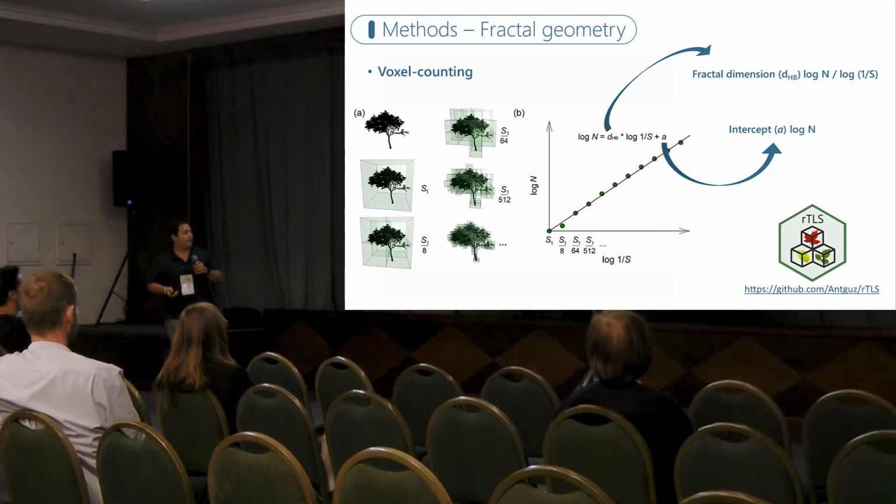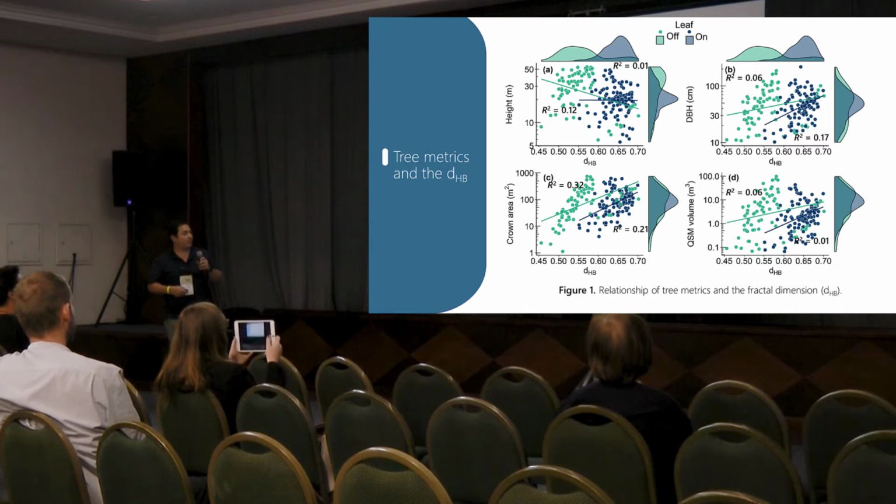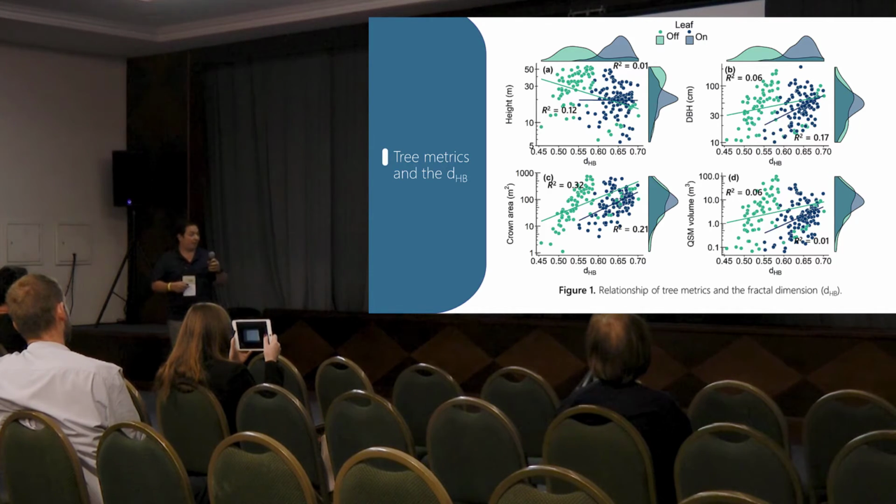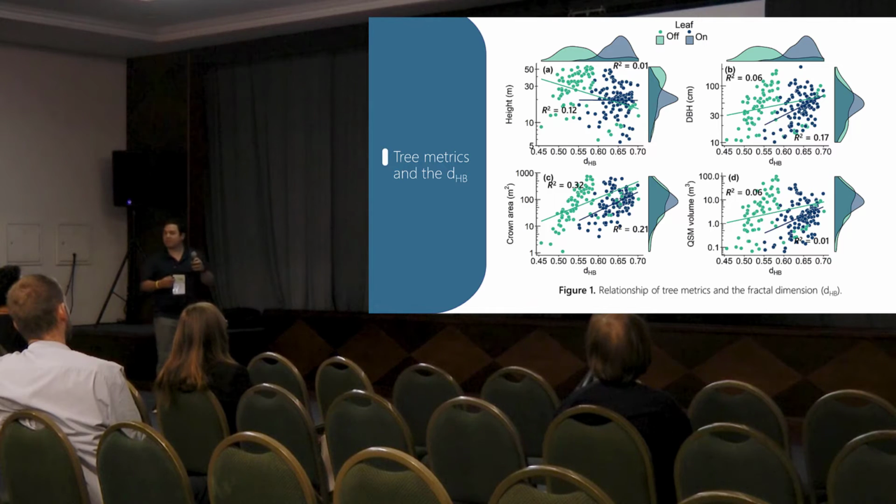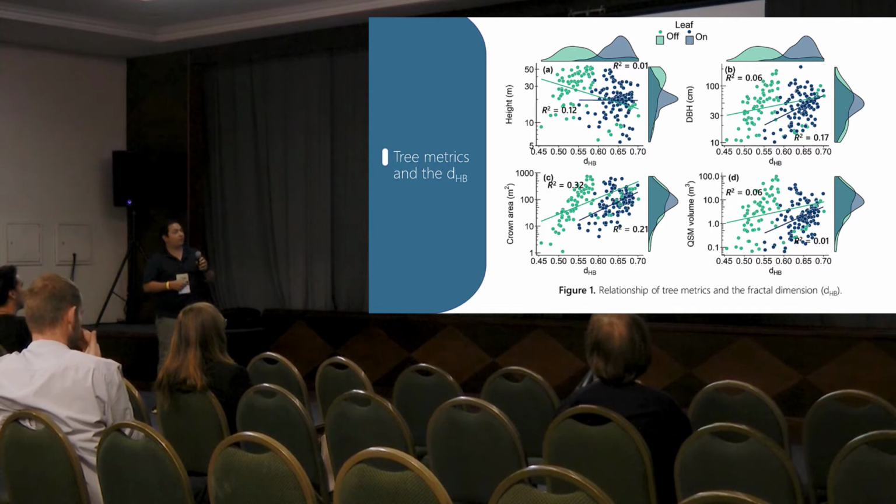In the first result, when we look at the relationship of the fractal dimension with the three metrics, we observe that the relationship tends to be really poor. This is a little bit disappointing, but when you look at the distribution of points, it is possible to see that the point clouds with leaves and without leaves tend to be separated from each other.